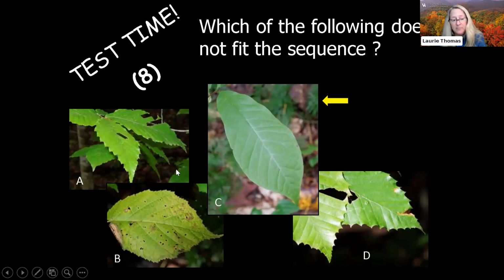We've got our American beech here, and we've got, I've just lost the name out of my head, but we do have our winning one right here, it's Celtis occidentalis, hackberry. Thank you. Couldn't remember the name. But this one that is entire and doesn't have any teeth on it is from our pawpaw.